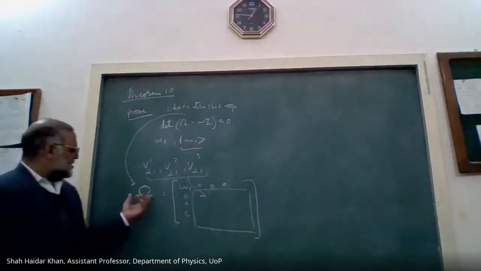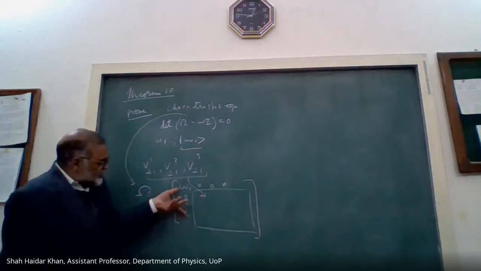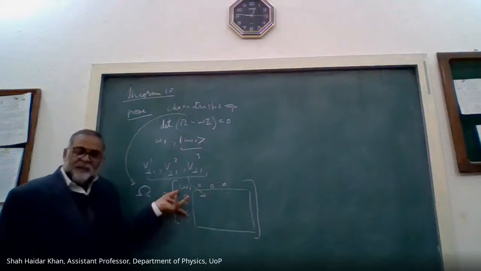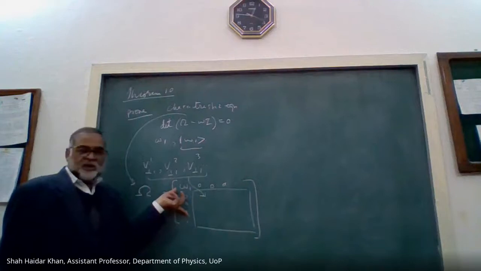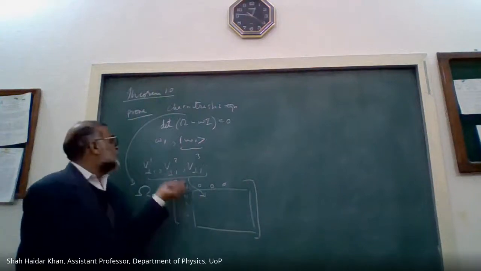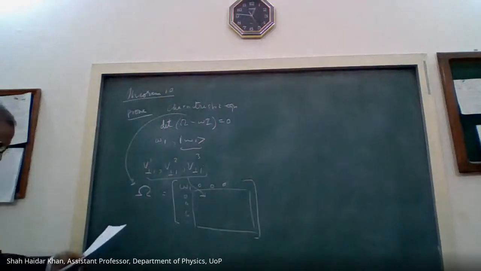We said actually, this is considered, we said the columns of this vector represent the eigenvector, right? And this eigenvector corresponds to the eigenvalue omega 1, right?